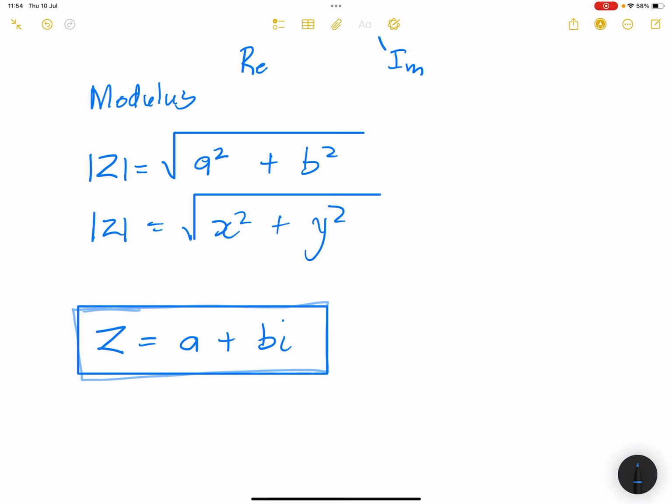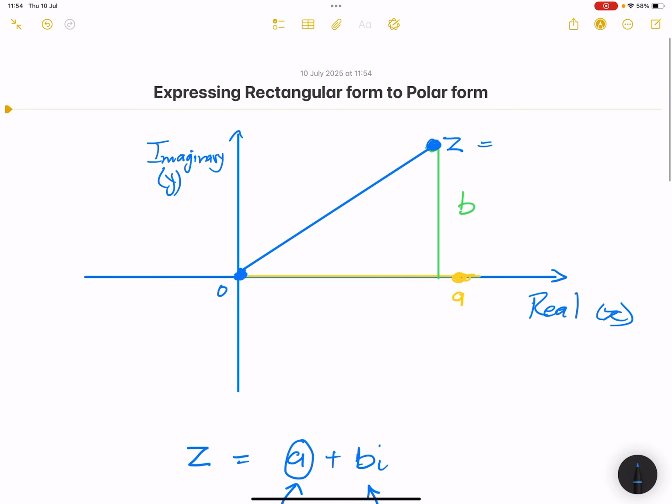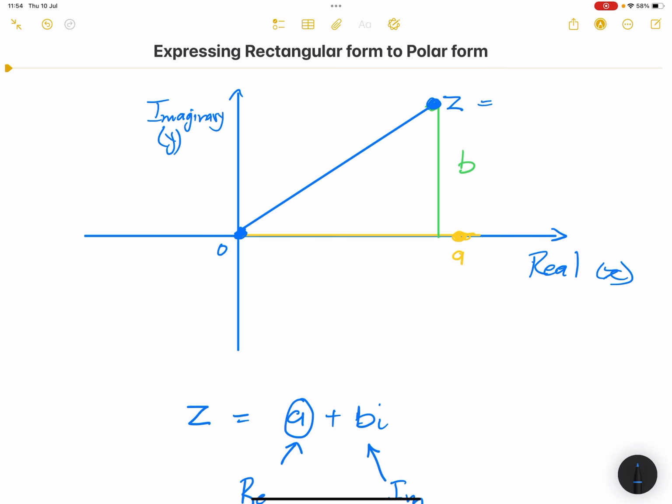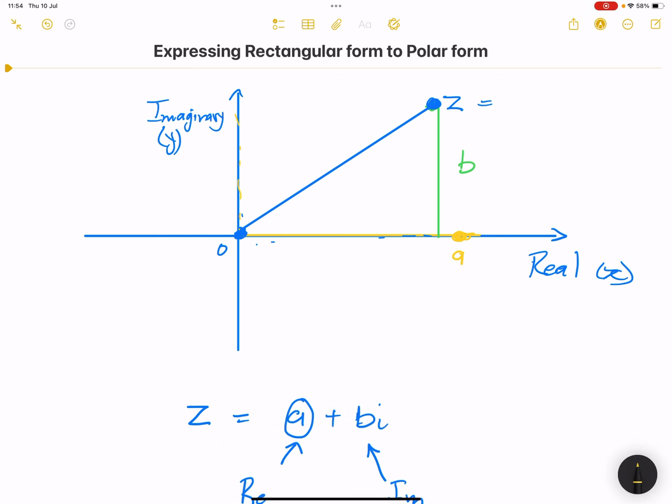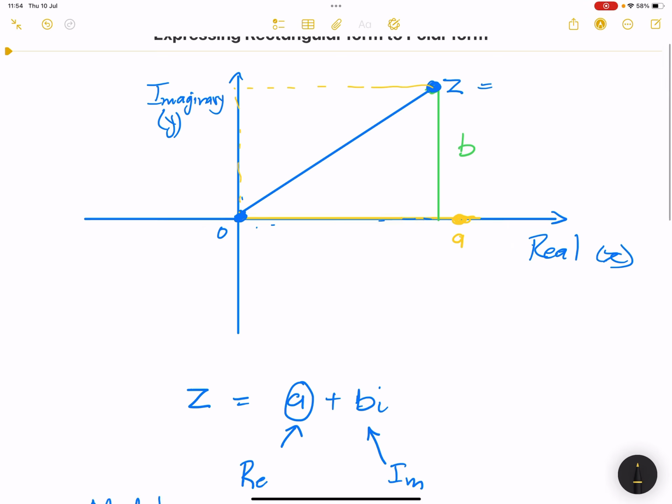I showed you in our previous video why we refer to this as the rectangular form: a is along the x-axis and b is along the y-axis, so if you take that, it creates some form of a rectangle. So we call that the rectangular form.